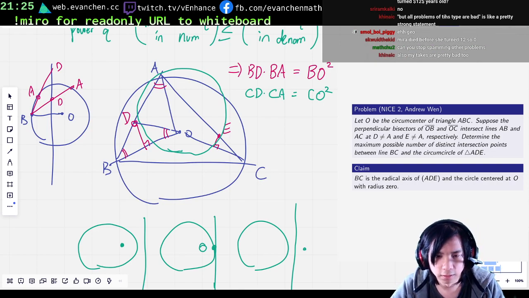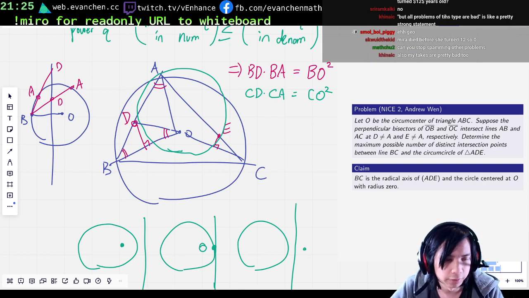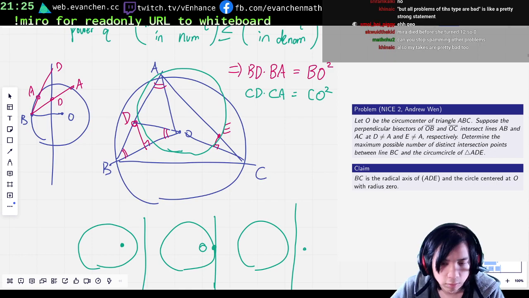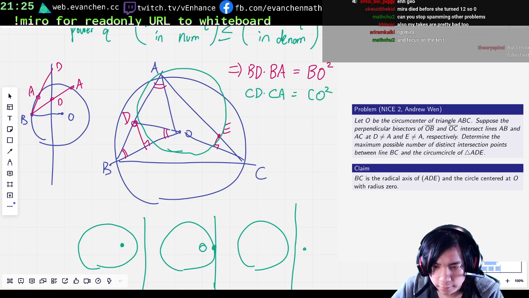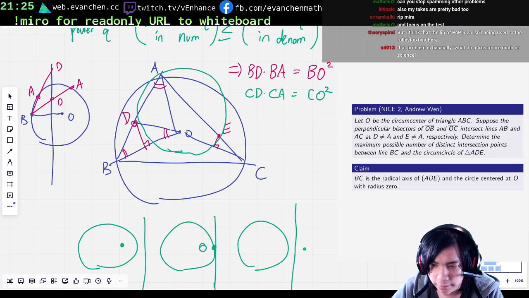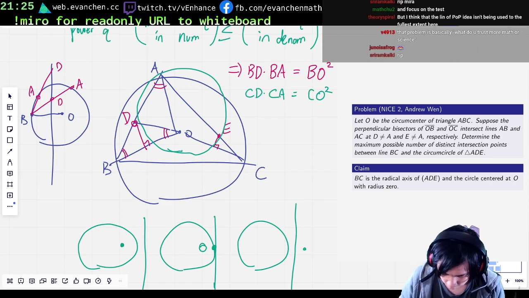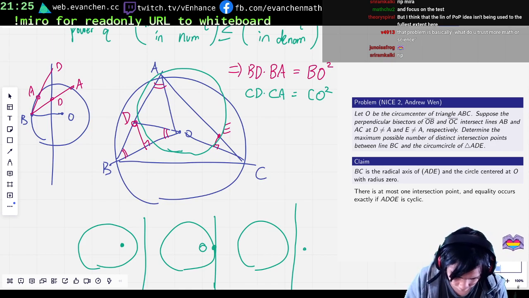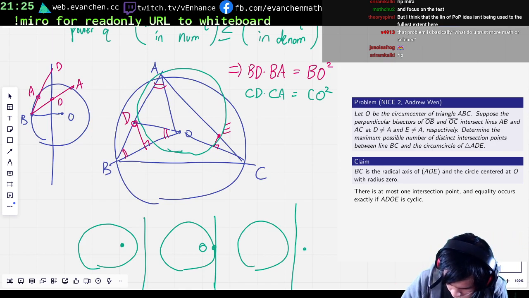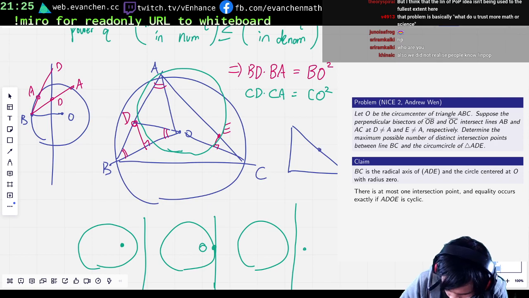So there is certainly at most one intersection point, and equality occurs exactly if ADOE is cyclic. So when is ADOE cyclic? Whenever the triangle is a right triangle, ADOE will be a rectangle.